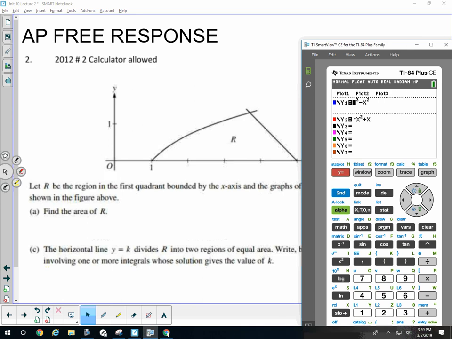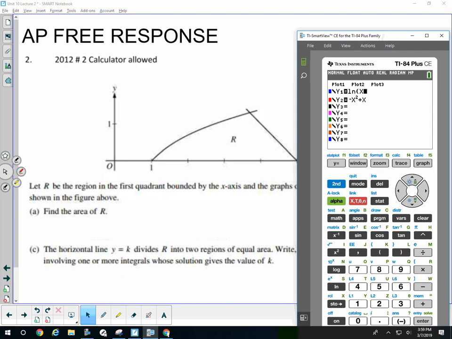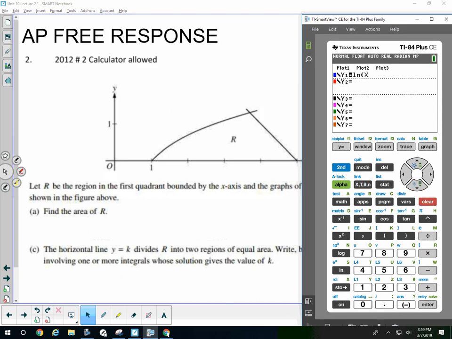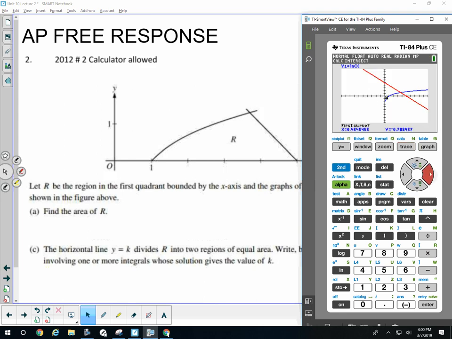We got log x and 5 minus x. And there's the region here. This intersection, they don't tell us what it is. We have to find it.